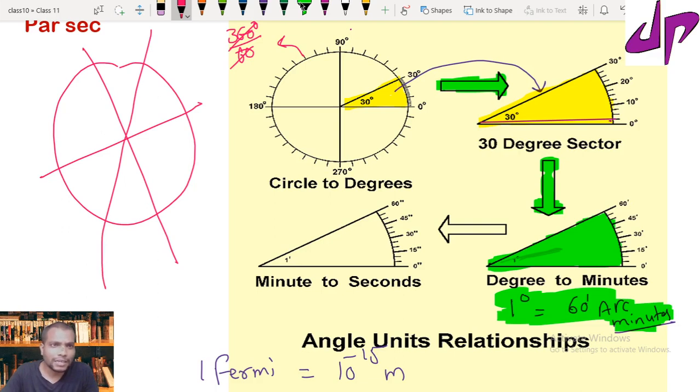Like that you can cut, and you get only a 1 degree piece. This is the smallest 1 degree piece of the pizza. Now this part you cut again into 60 equal parts. That we define as arc minute.